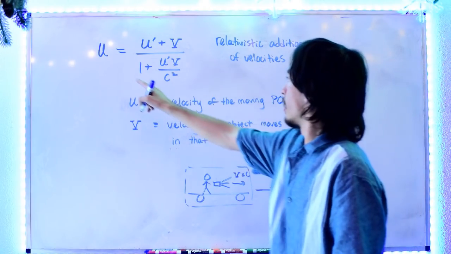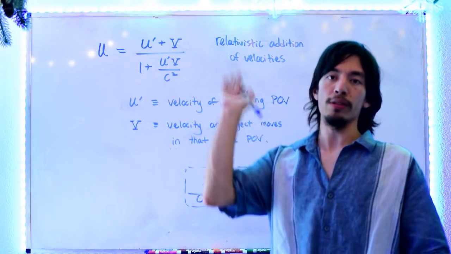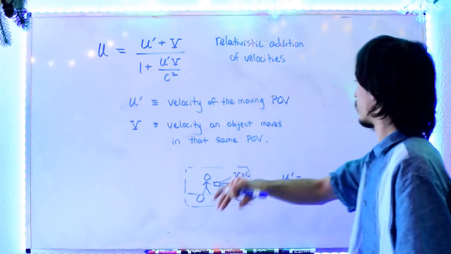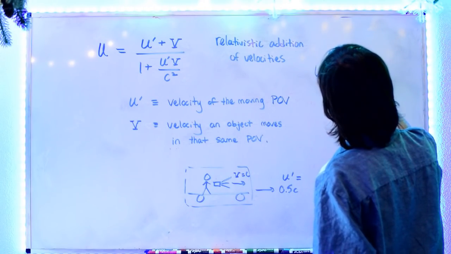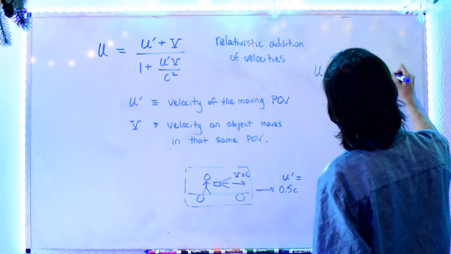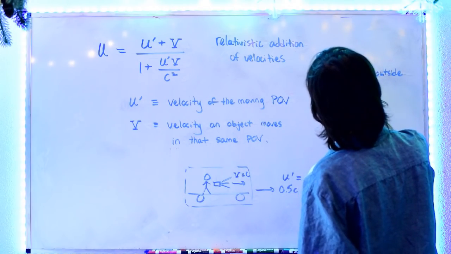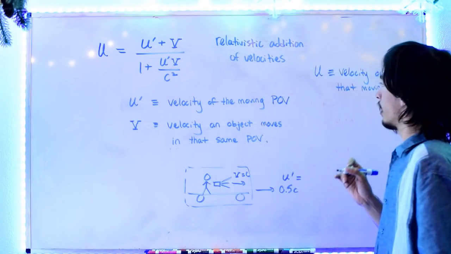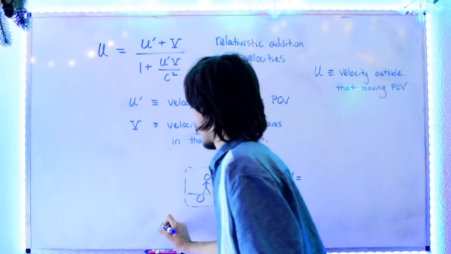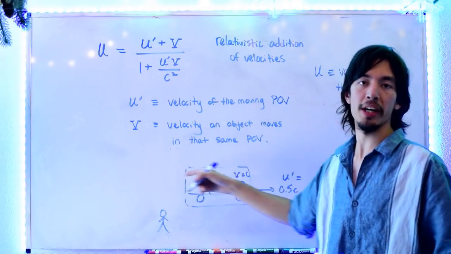So then the velocity u is the velocity you observe outside that point of view. Okay, so u is defined as the velocity outside that moving point of view. Okay, so there's a person standing off to the side here, and they watch this whole thing move to the right.